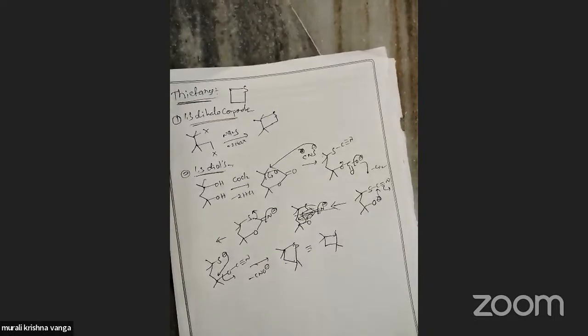So next is reactions. The thietane ring system is less reactive than thiiranes due to less ring strain. Therefore, electrophilic reactions occur. Next, opening of the ring system.